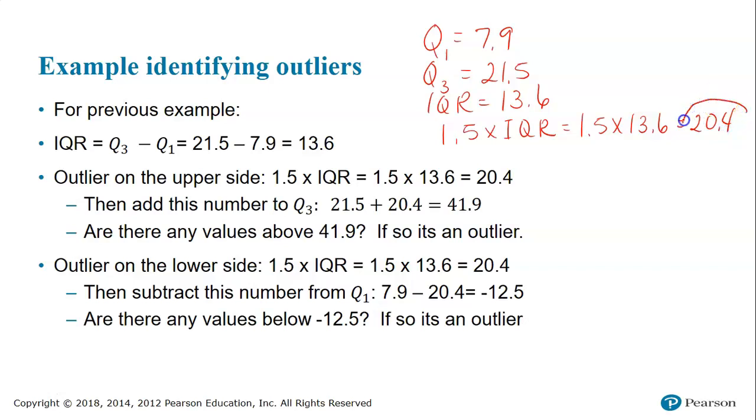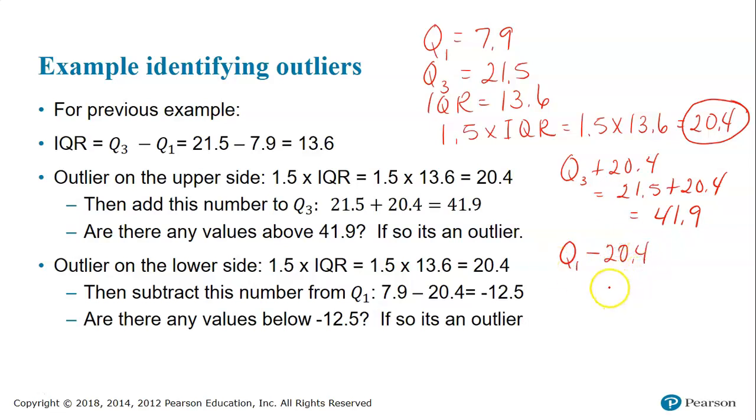Okay, this value is important because I'm going to take the third quartile and add that 20.4 to it. So 21.5 plus 20.4 gives me 41.9. Anything larger than 41.9 in our data set is going to be considered an outlier. On the bottom side, I do the first quartile minus that same 20.4.